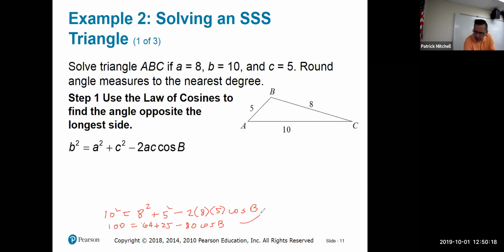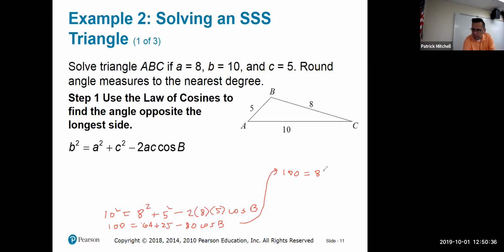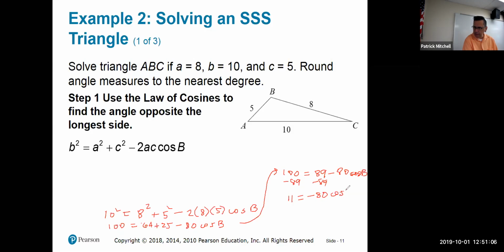Sorry about my bad handwriting. Maybe it'll be better if I go up here. Okay, so 100 equals 89 minus 80 cosine B. Subtract 89 from both sides, and that will give you 11 equals negative 80 cosine B. You divide both sides by negative 80, and you get that the cosine of B is equal to negative 11 over 80.